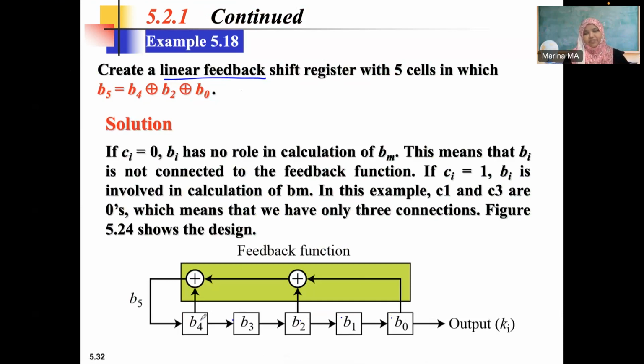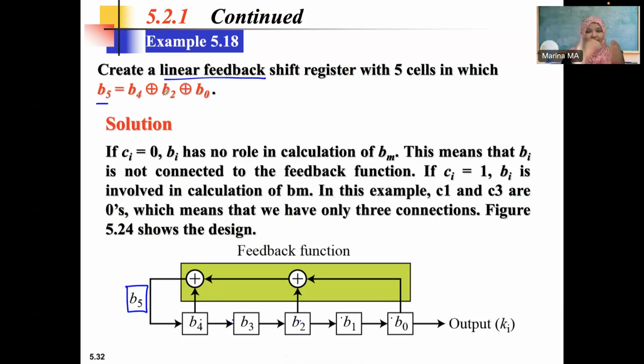Wait, you said 6. How come there's only 5? Okay, hold on. The last box, B5, is created from a manipulation of the other 5 boxes, 5 bits. So it actually has a box, but we don't draw the box there. B5 we just write there. Okay, so first, we have these boxes.